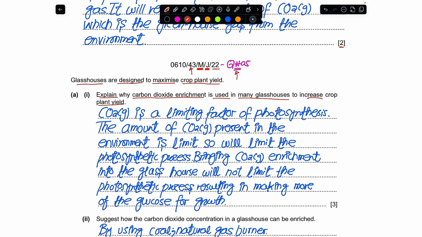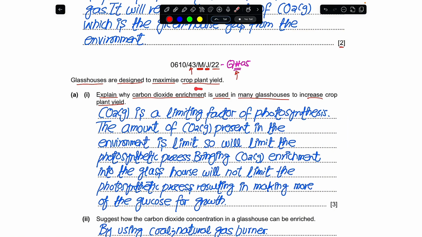By the words carbon dioxide enrichment, what we have to think is that in these glass houses, we would keep the carbon dioxide concentration higher by artificial processes. What we need to think at this point is that carbon dioxide is one of the factors that can limit the rate of photosynthesis.